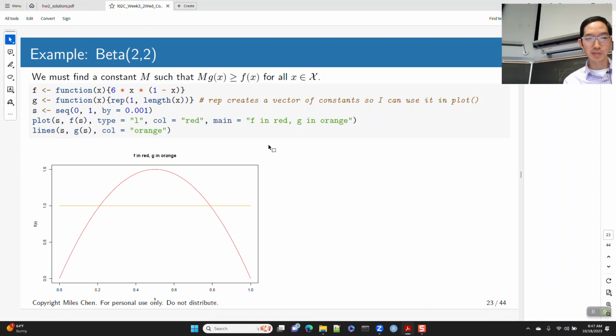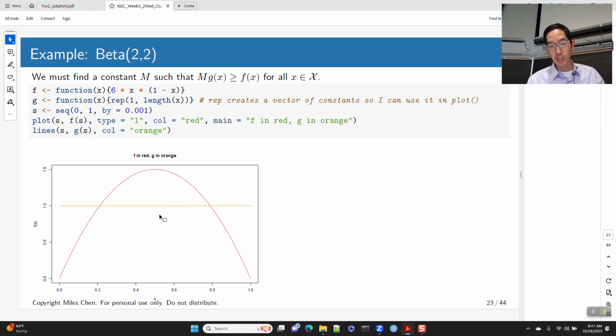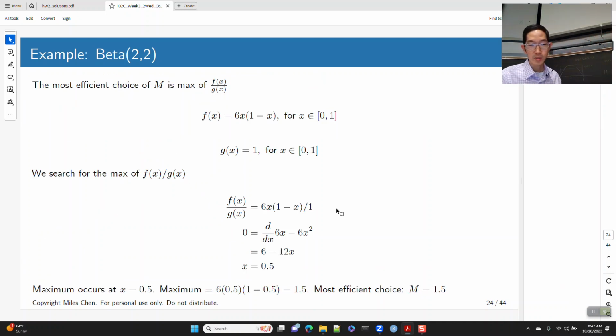I've tried to put that in here. Our f of x is in red, our g of x is in orange, and then we do some calculations. I just showed visually that the maximum is 1.5, and our most efficient choice is the max of f of x divided by g of x, which is 1.5.